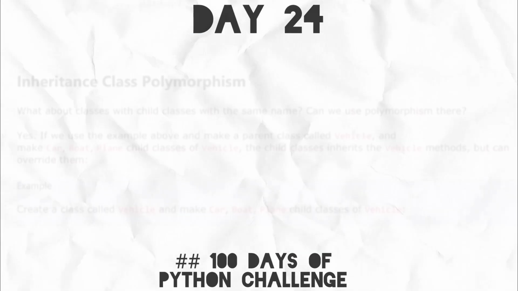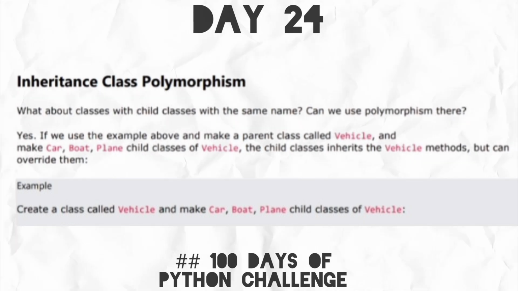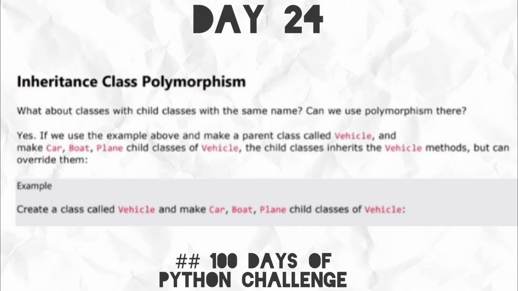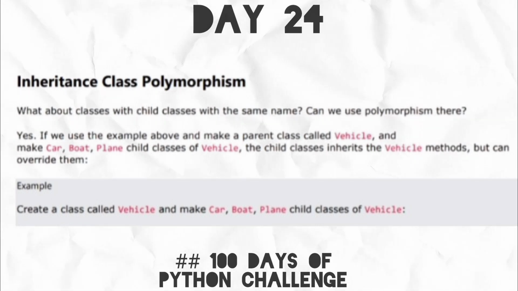Third one, inheritance polymorphism. But wait, there's more. Python also allows child classes to override methods from their parent classes. Let's take a look. We have created a vehicle parent class with a move function method.